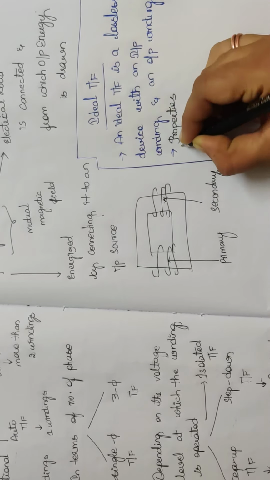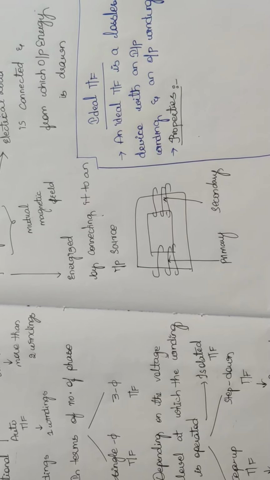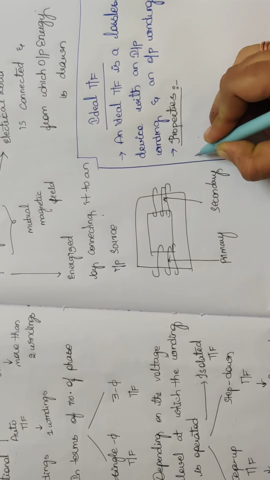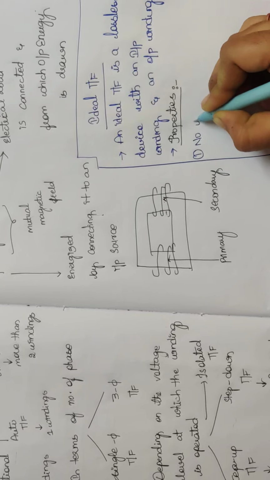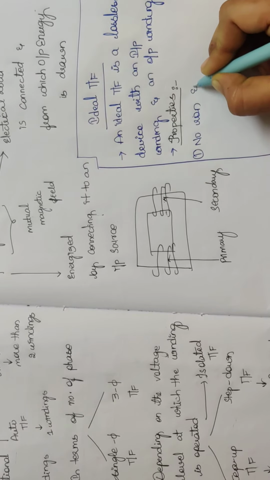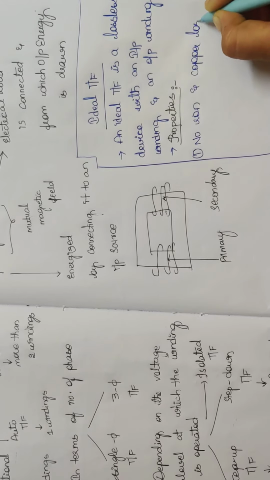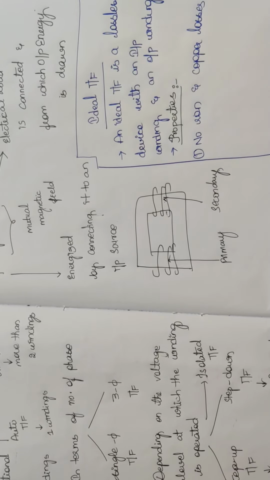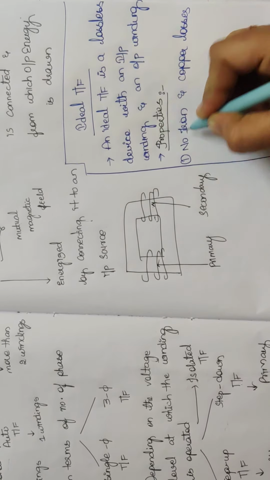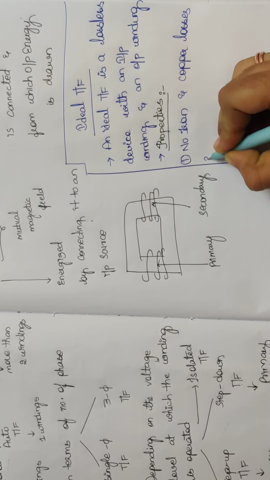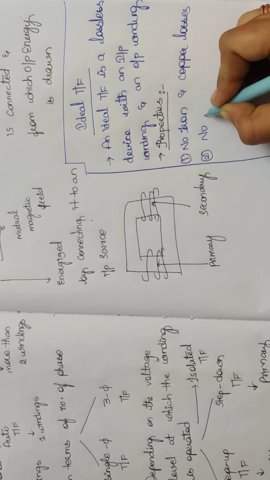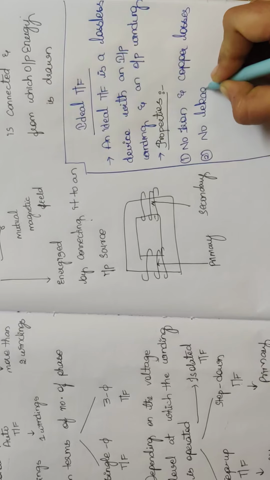What are the properties? The first property is no iron and copper losses. We will be studying all these losses. You don't have any iron and copper loss. Second, you will have no leakage flux.